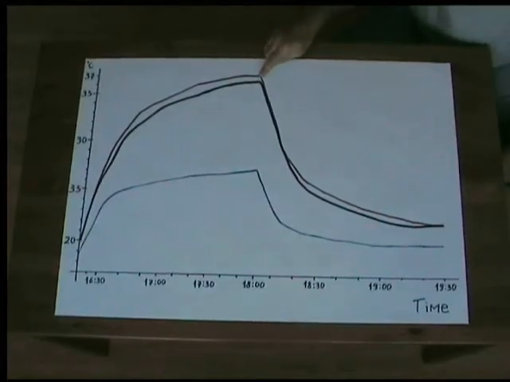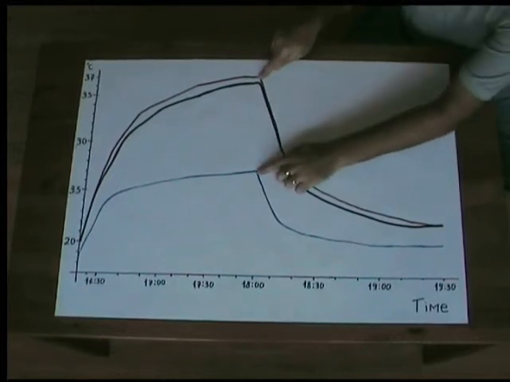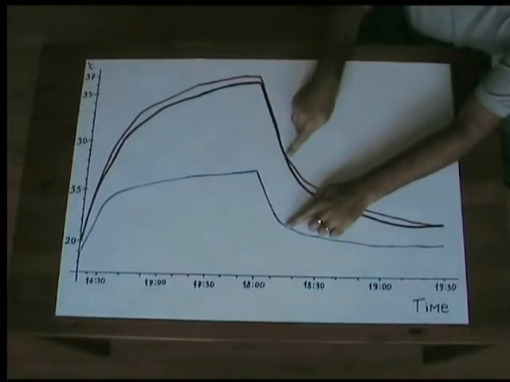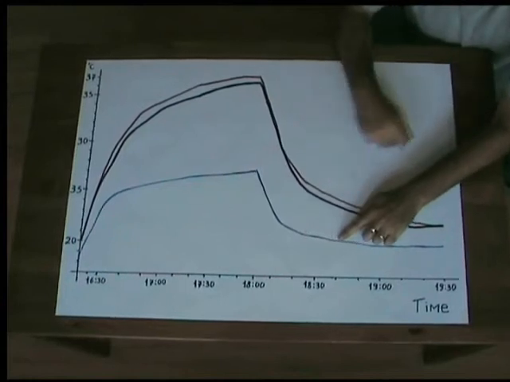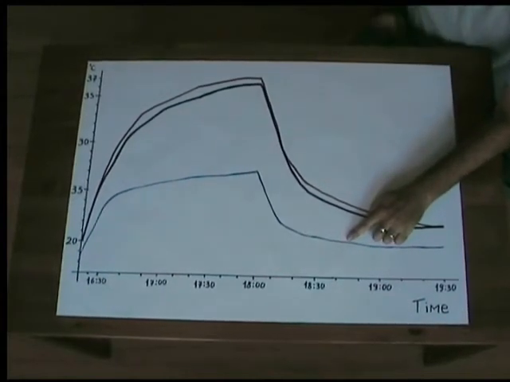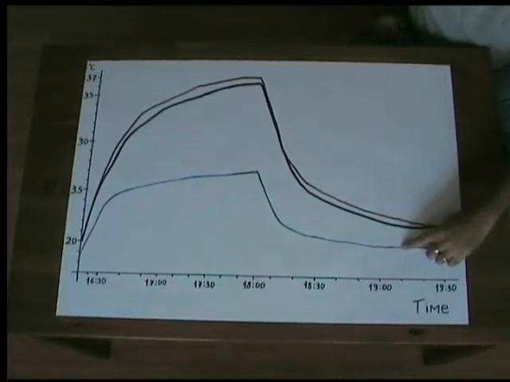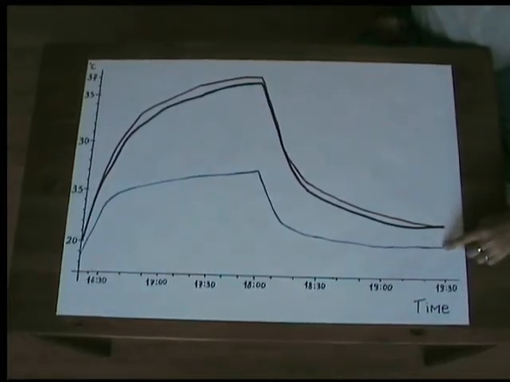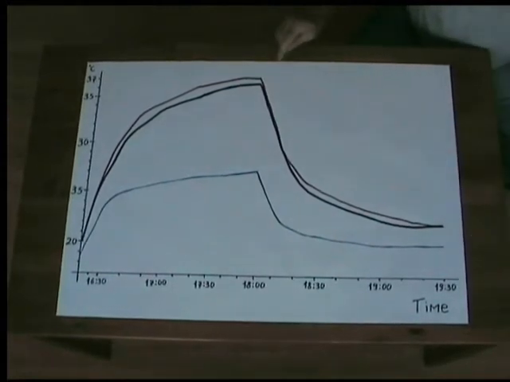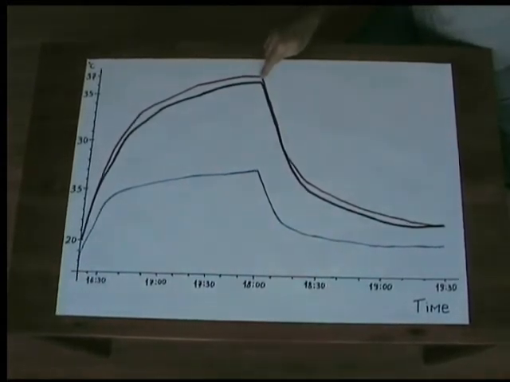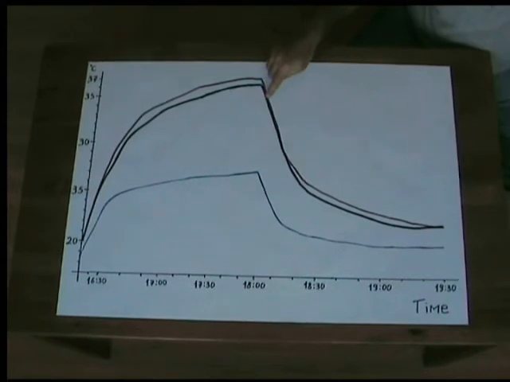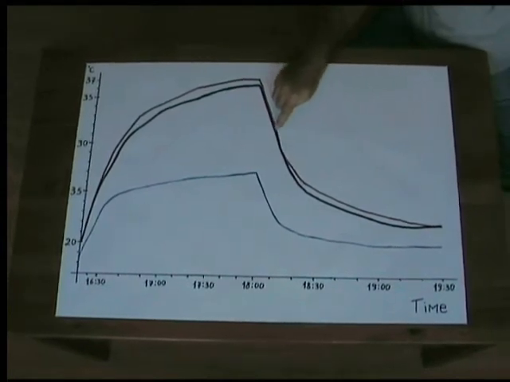At the moment that we switch off the lamp, all thermometers have a significant temperature drop. The thermometer without the atmosphere very quickly, at 7 o'clock, already had a stable temperature of 20 degrees. The other two thermometers fall in temperature very quickly, almost together.